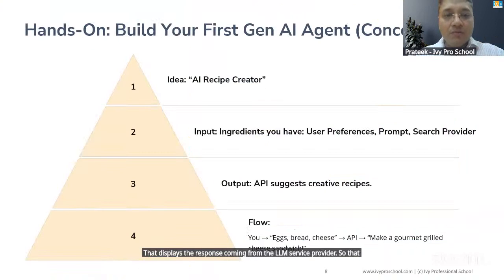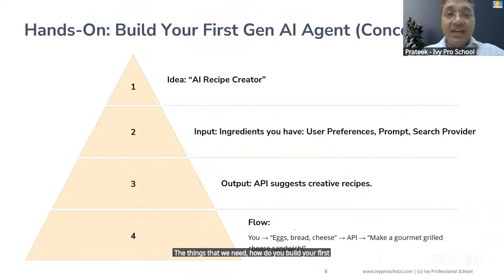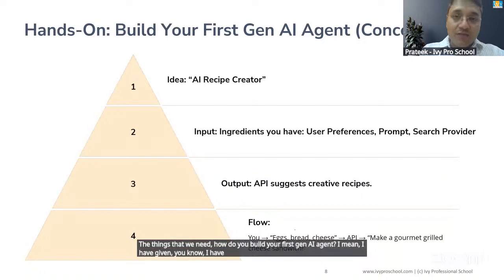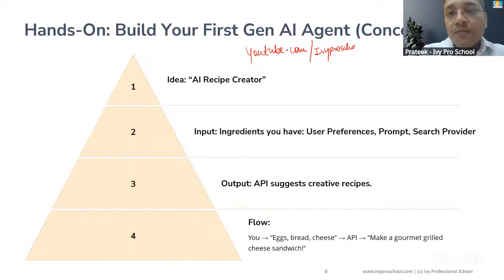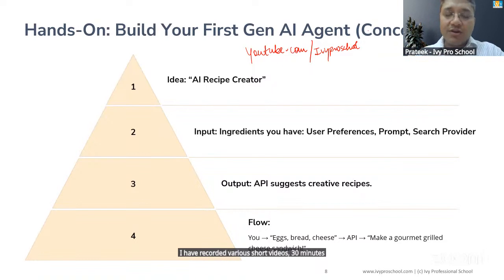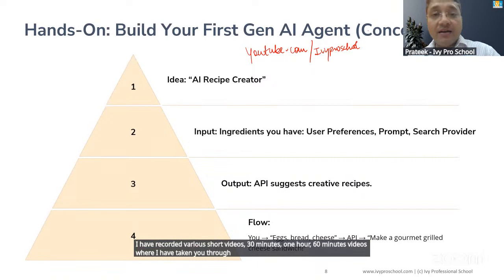So that is the typical workflow. How do you build your first Gen AI app or agent? I have recorded a lot of videos as well. If you go to Ivy's YouTube channel, you will find various short videos, 30 minutes, 1 hour, 60 minutes, where I have taken you through end-to-end AI-based agent development or app development.